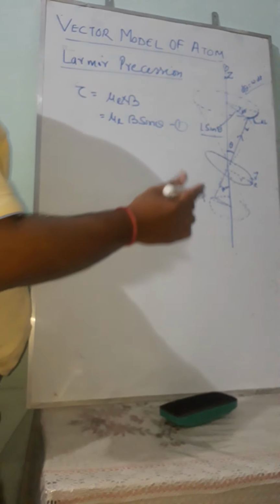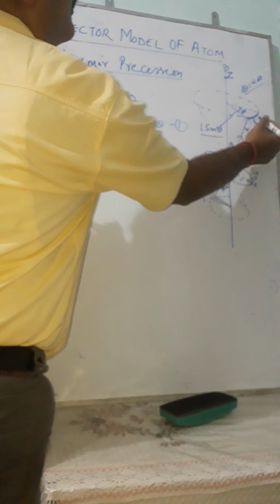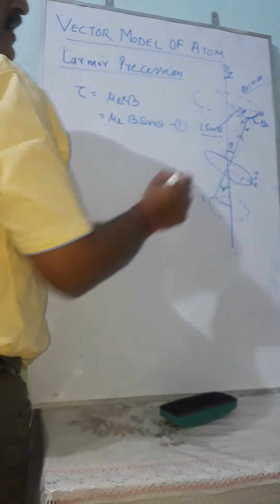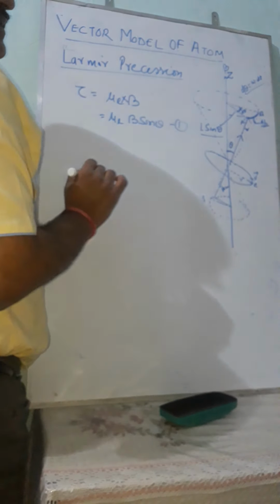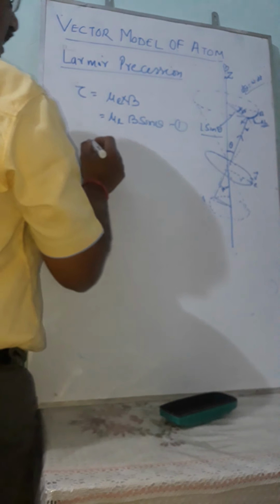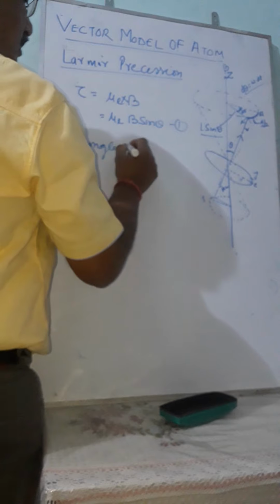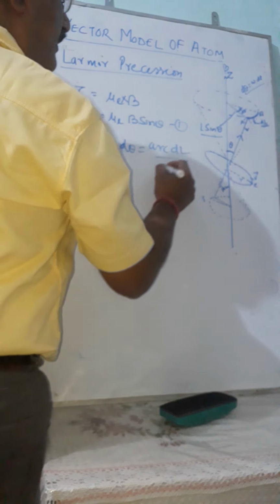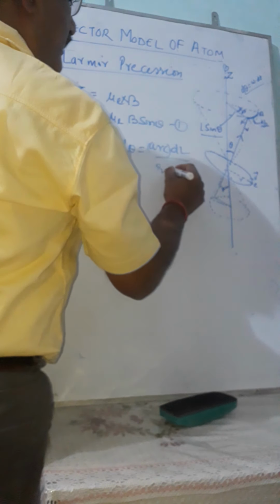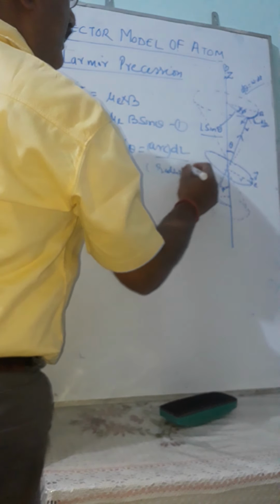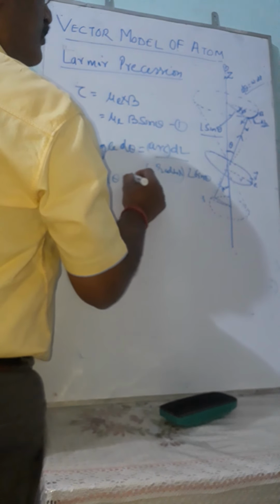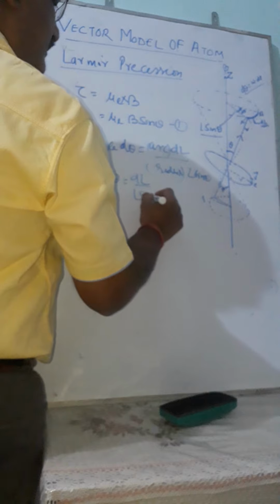Let in time dt, it moves from position A to position B, making an arc of dl subtending an angle d theta. Then you know that the angle d theta is equal to arc dl upon radius, that is L sine theta. So d theta is equal to dl upon L sine theta.